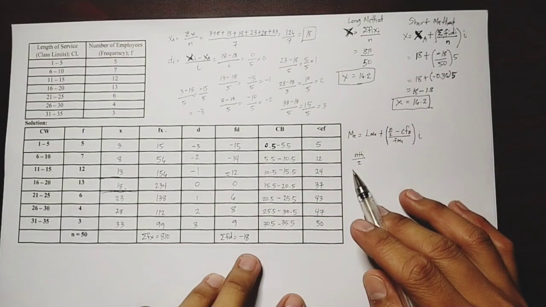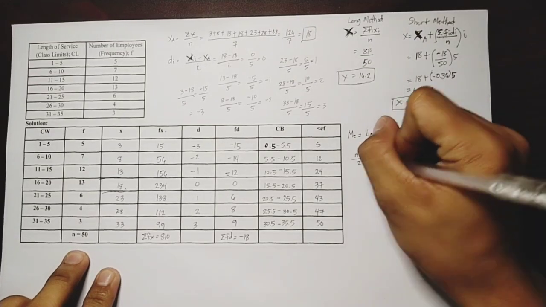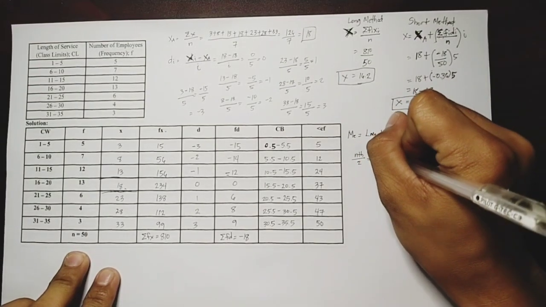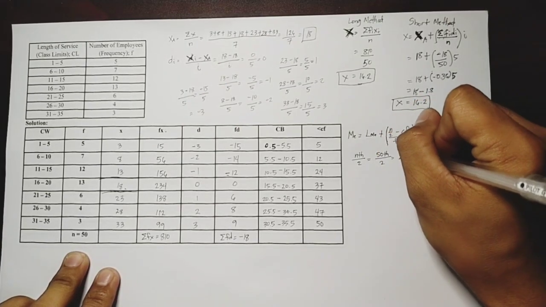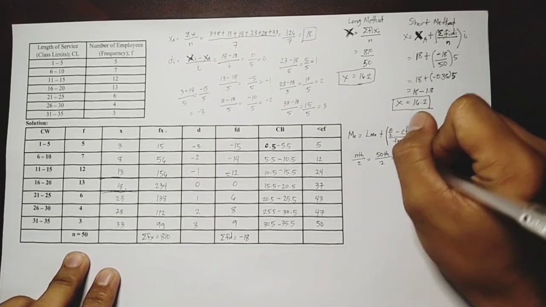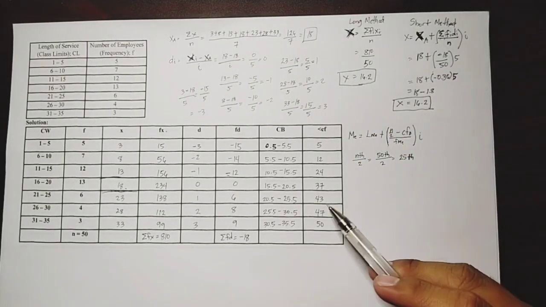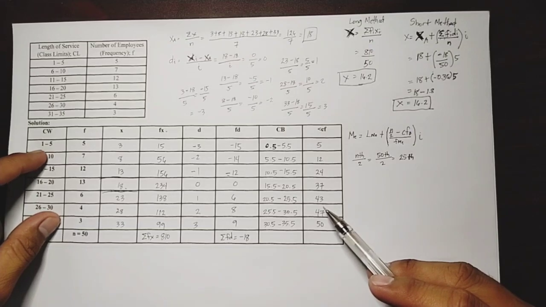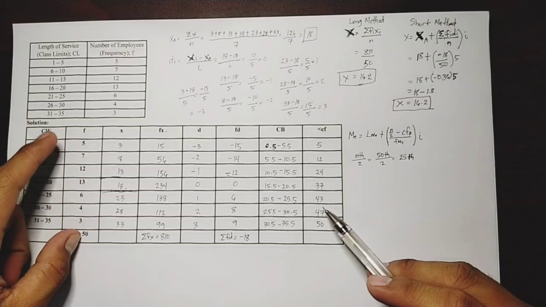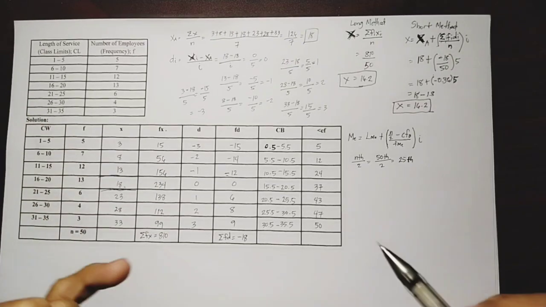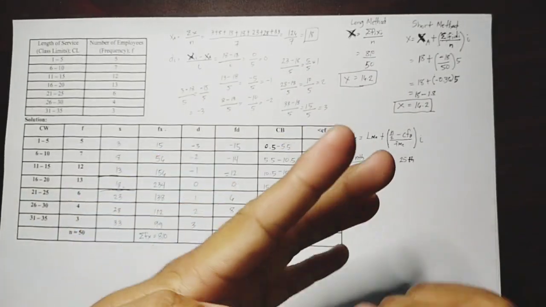So, ano ba yung n natin? We have here 50, tama ba? Ayan, n is equal to 50. So, our nth term is 50 divided by 2 is equal to 25th term. Now, hanapin natin yung pang 25th term. Okay? So, in our class 1 to 5, there are 5 students na nakakuha. Meaning to say, mula sa lowest is first, second, third, fourth, and fifth.